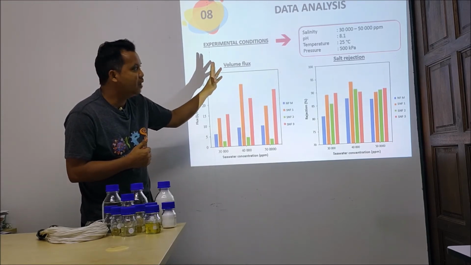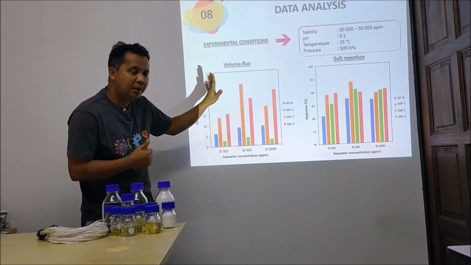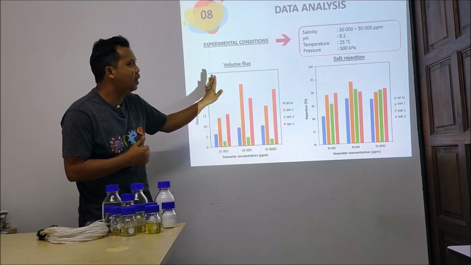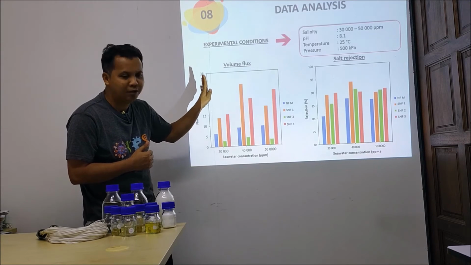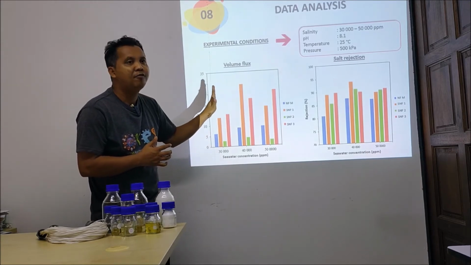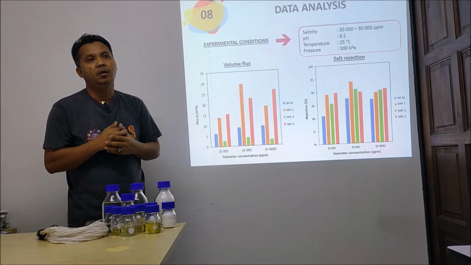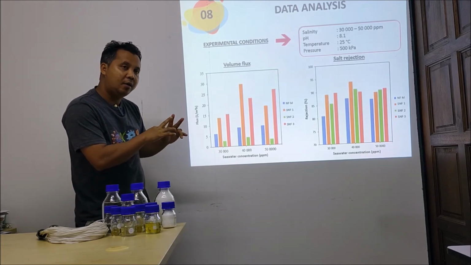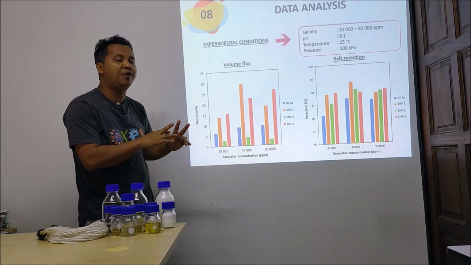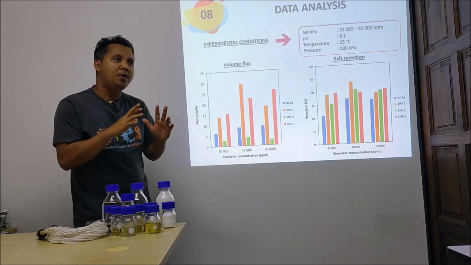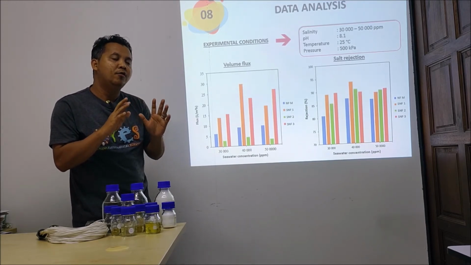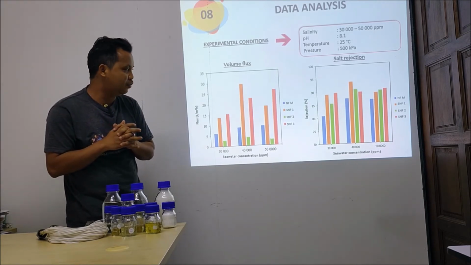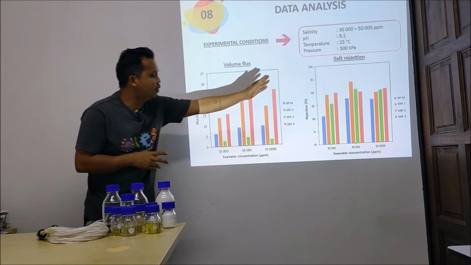The most important thing is we carry out this experiment at a very minimum operating pressure, that is 500 kilopascal, about 5 bars, which is absolutely very low. Because common desalination processes use from 20 bars up to 50 bars of operating pressure.